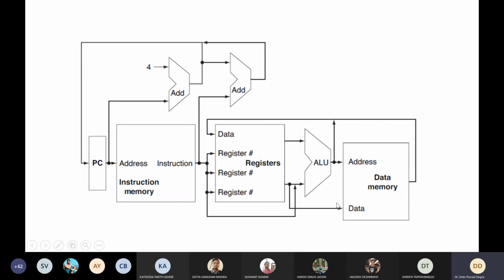If it is load R1, X(R2), then X plus R2 comes from here, and the value comes here and goes to R1. Okay, is that clear?